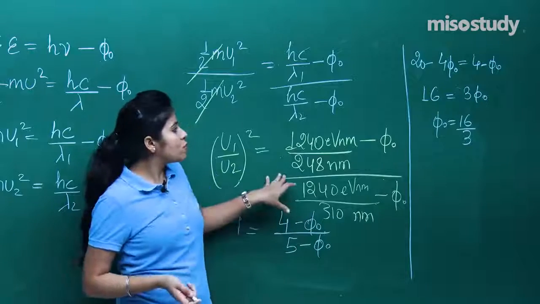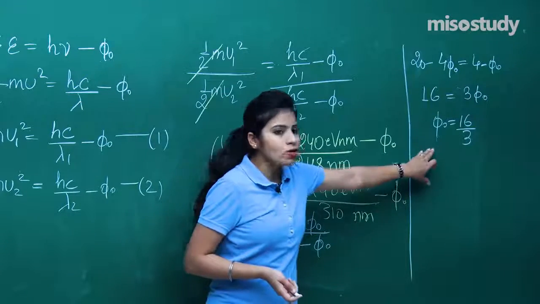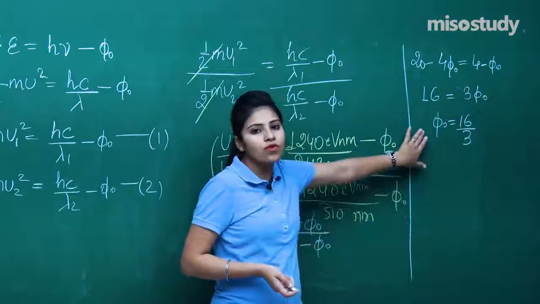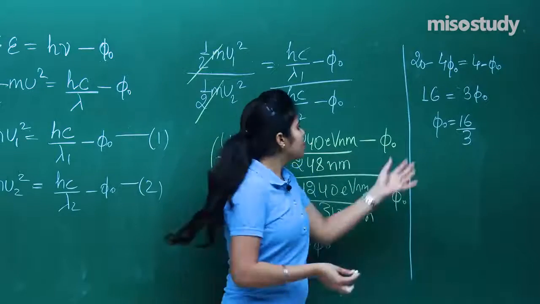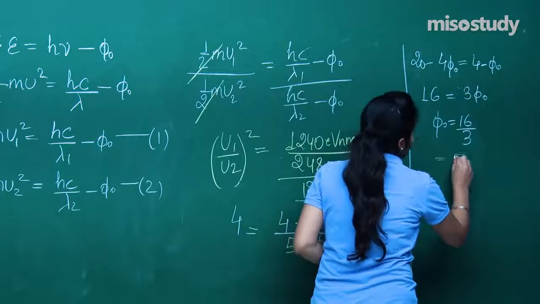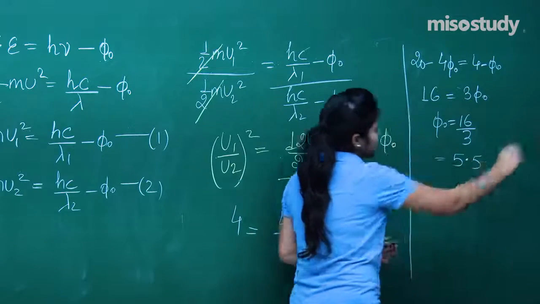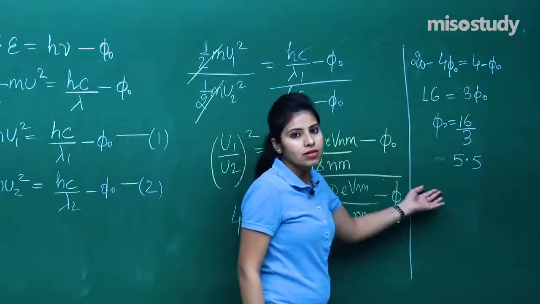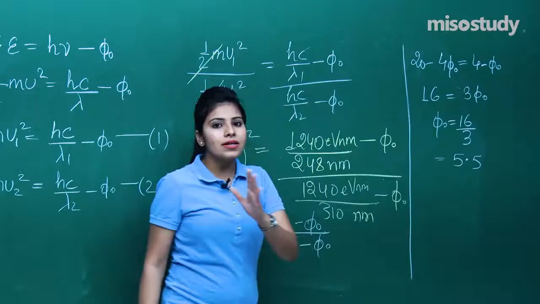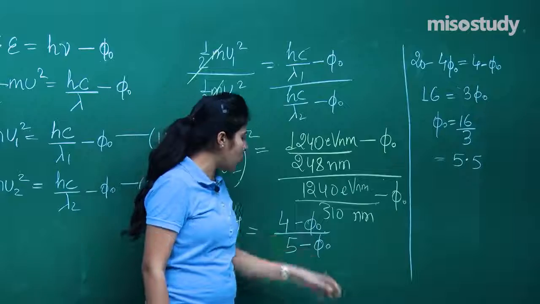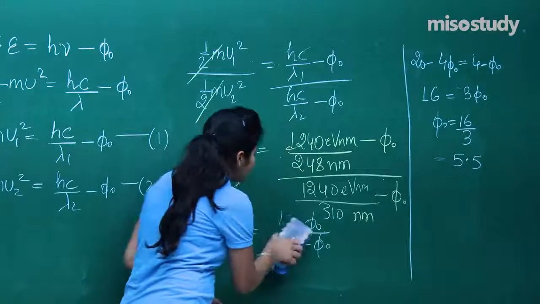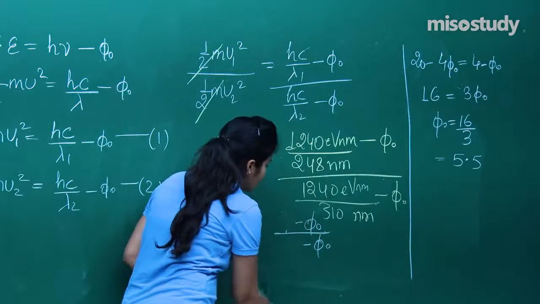Because it might happen that the ratio is 5 here and 4 there, so let me write 5 and 4.